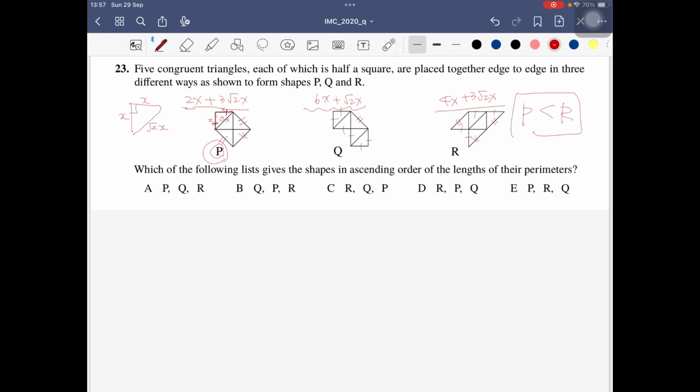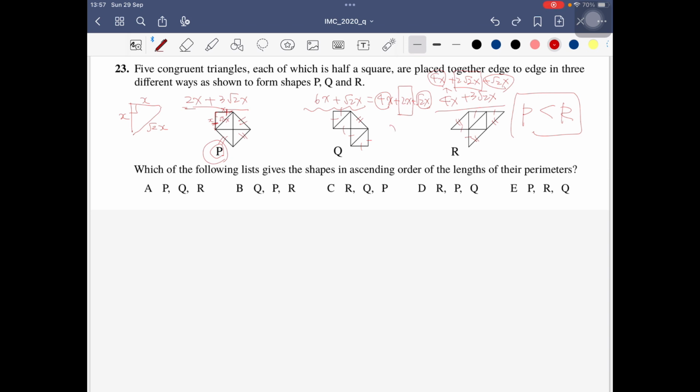let's compare with R. So for example, this has 4x plus 2x plus the square root of 2x. This one, 4x, 2 square root of 2x plus the square root of 2x. This and this are common, so we can compare only this and this. 2x is x plus x.